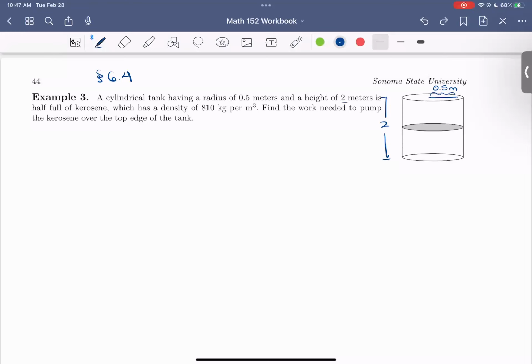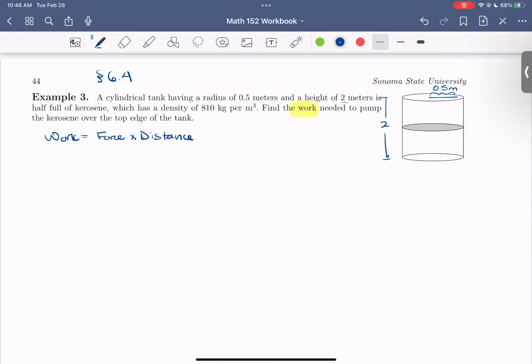Okay, so what are we asked to do? We're asked to find the work needed to pump the kerosene over the top of the tank. So let's review how we would compute work. Work is equal to force times distance.